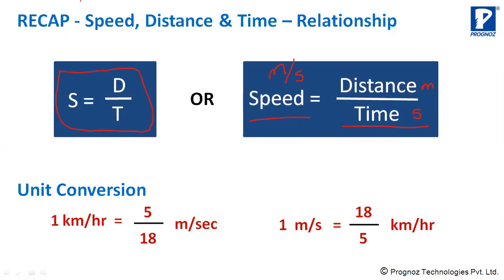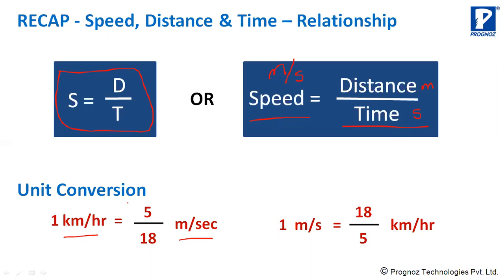Now let's see the unit conversion, which is a very often used conversion factor. Generally, in boat and stream problems, the speed is given in kilometers per hour, but the distance is in meters and time in seconds. So I'll have to convert kilometers per hour to meters per second.